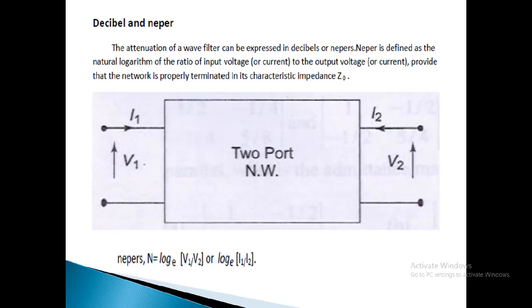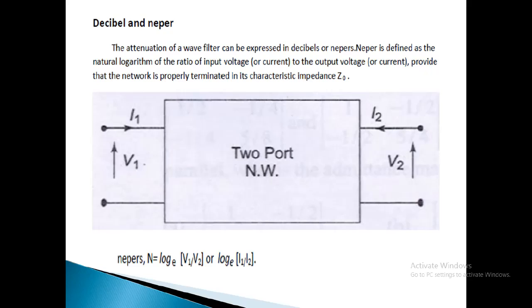What is a Napier? A Napier is defined as the natural logarithm of the ratio of input voltage or input current to output voltage or output current, provided that the network is properly terminated in its characteristic impedance. Here the two-port network is shown, where V1 and I1 are the input voltage and input current, and V2 and I2 are the output voltage and output current.